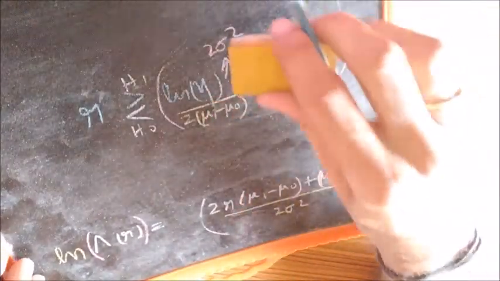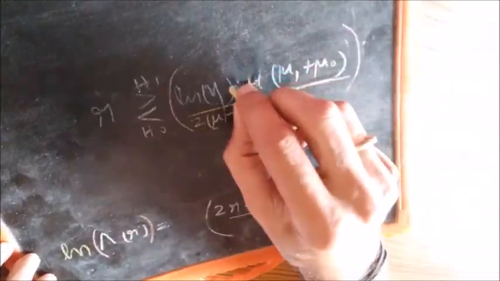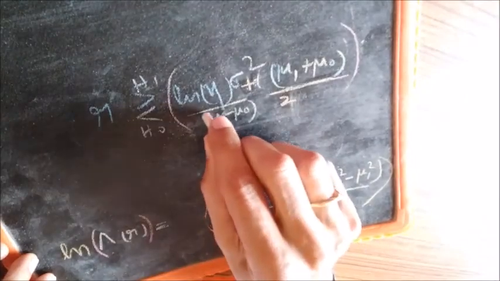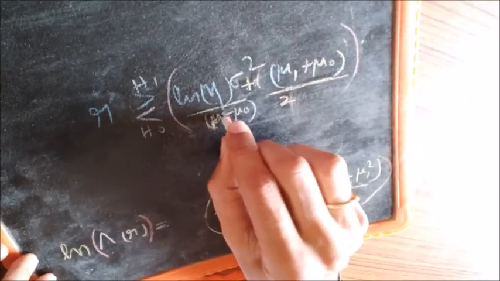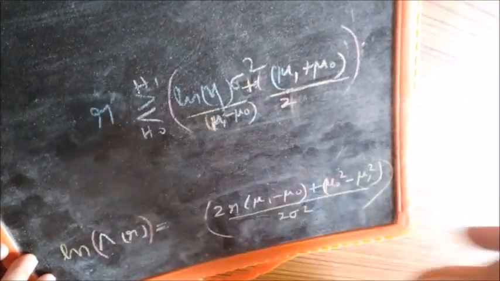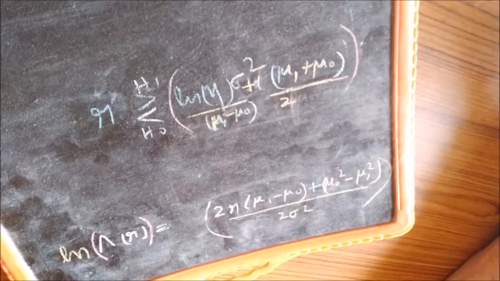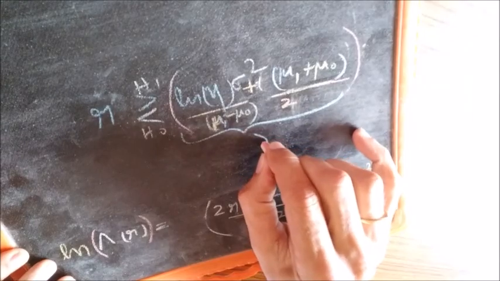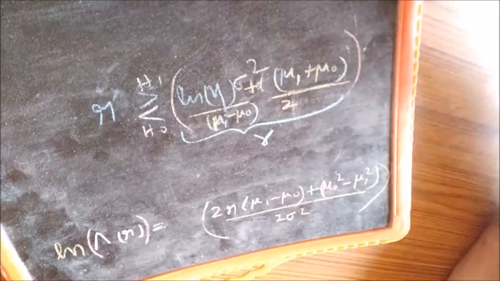Now nothing much is possible, only that you can cancel off the 2 from the numerator and denominator. So this now is called the threshold, small letter gamma.